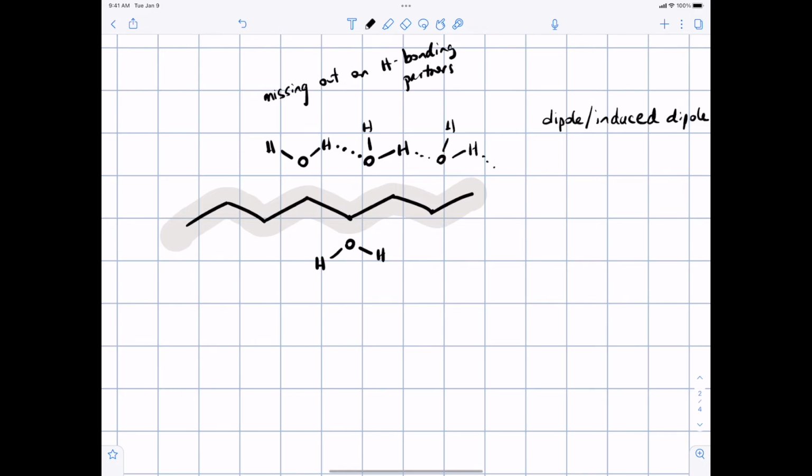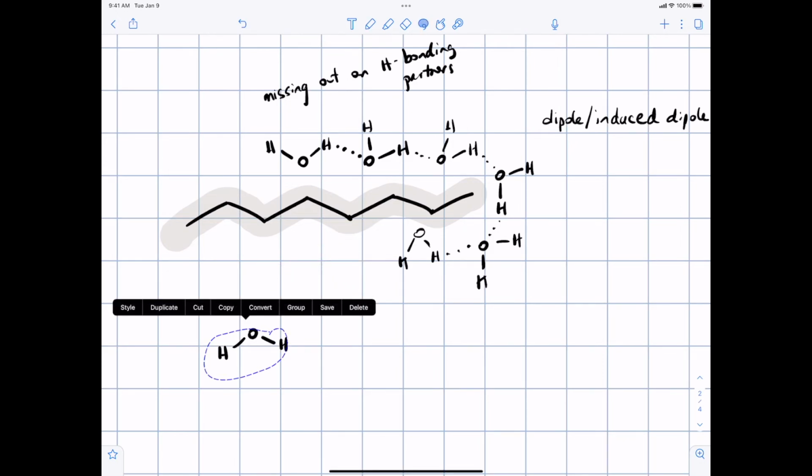This reduces their translational and rotational degrees of freedom, and almost makes it as though the nonpolar molecule were encased in a one molecule thick layer of ice.